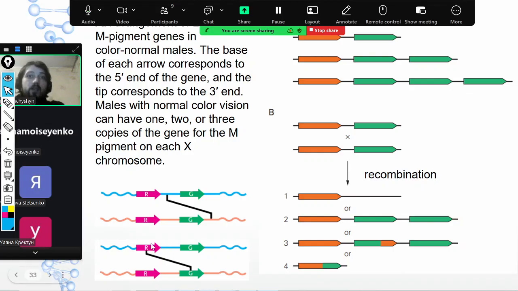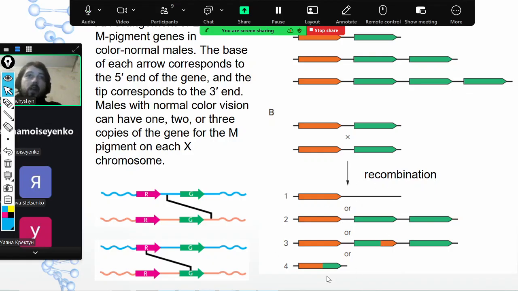Or since R and G opsins are so similar, on that slide you saw that they are 96% similar, there is a certain chance that they both will break and you will get something non-functional, like half green, half red, and who knows how that will work. So these are some sort of pathological cases when basically this gene is broken and something strange is expressed or nothing is expressed, so something has gone wrong.